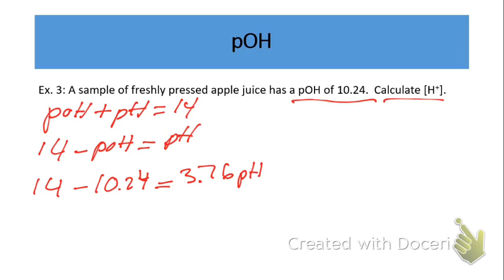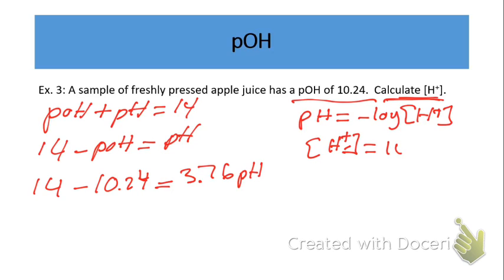All right, so we're not done with the problem though, because now we need to still calculate the H plus concentration. So what we do know is that the pH is equal to the negative log of the H plus concentration, right? So therefore, to find the H plus concentration, we can take the inverse of the log base 10, the 10 to the x button again, of the negative pH.